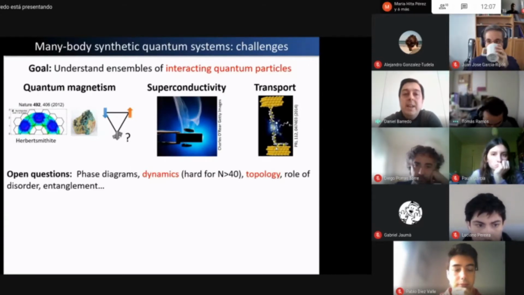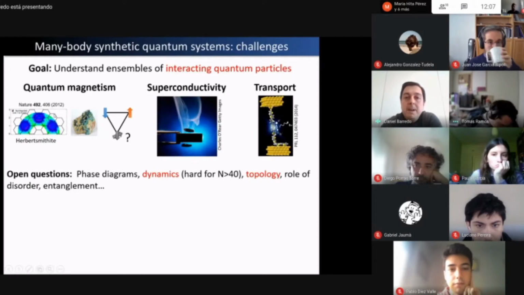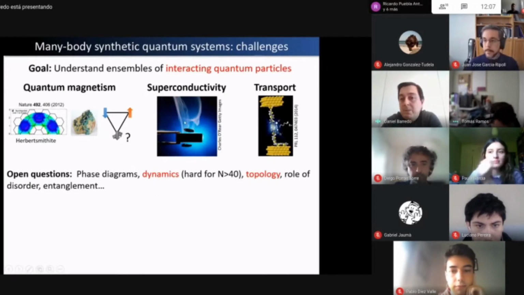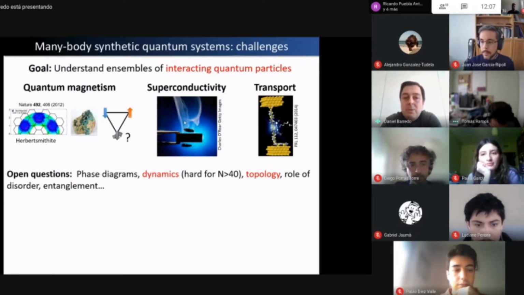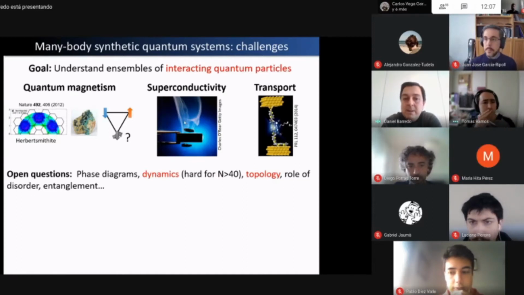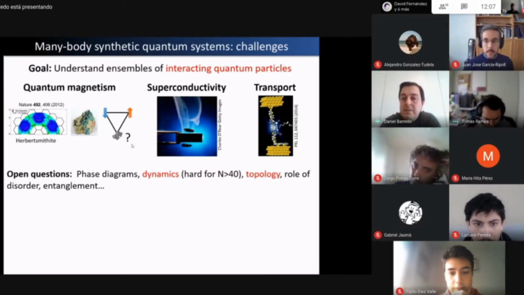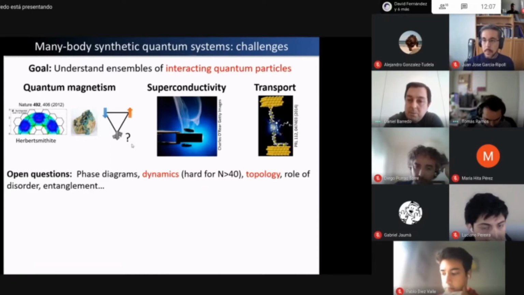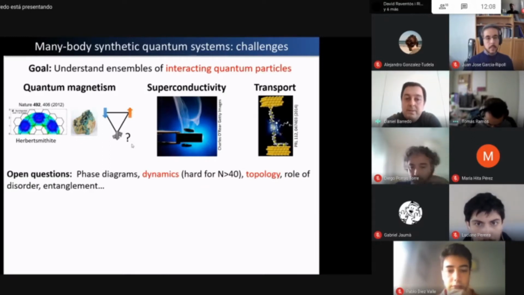All the systems that you see here have in common that they can be very well described, or at least that is what we think now, by simple models, like, for example, the Ising model or the XY Hamiltonian. However, despite this simplicity, there are still a large number of open questions regarding, for example, phase diagrams, the dynamics, which is very hard when you increase the number of particles beyond 30 or 40, topology, the role of disorder or entanglement in these systems.